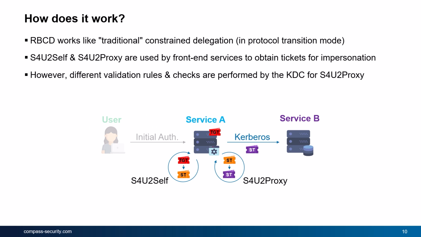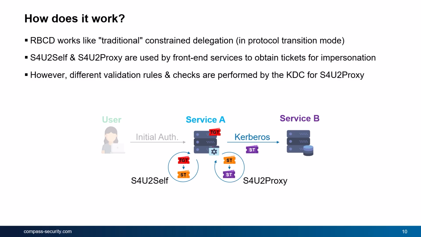So whenever the service initiates the impersonation or the delegation, it will first acquire a service ticket on behalf of the user for itself with the S4U2Self protocol extension, and then it will trade in this service ticket towards a ticket in the name of the user for the target service in S4U2Proxy.